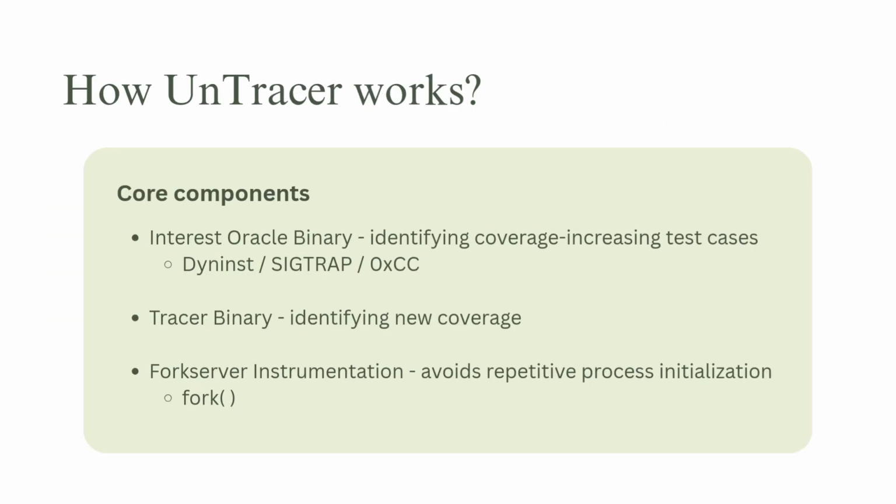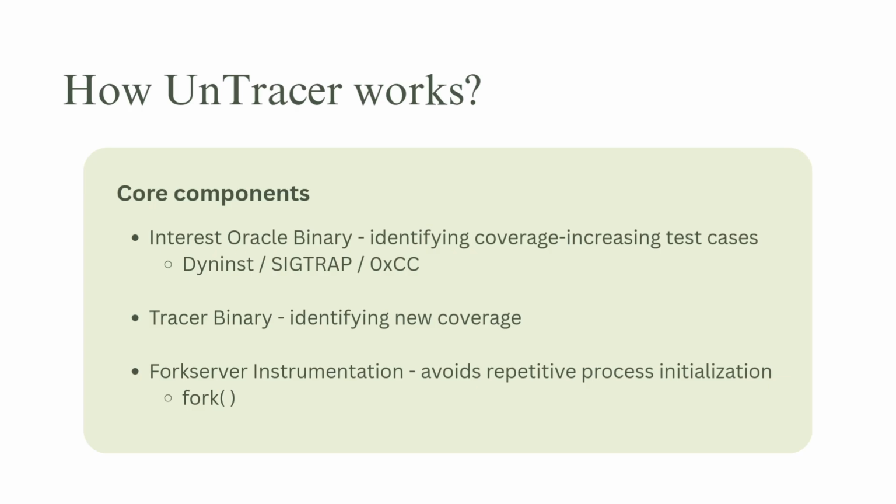So how does UnTracer work? Before diving in, let us briefly introduce three key components used in its architecture. First, the interest oracle. The interest oracle is inserted at every uncovered basic block to mark newly discovered code blocks. Thus, if a test case triggers the interrupt, it has exercised some new basic block and is marked as coverage increasing.